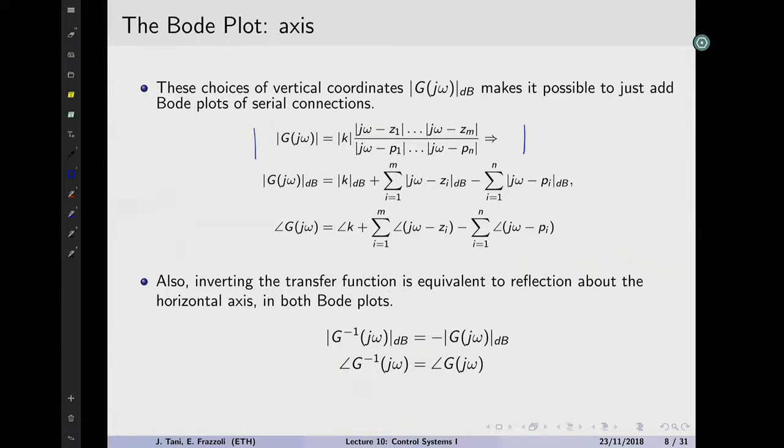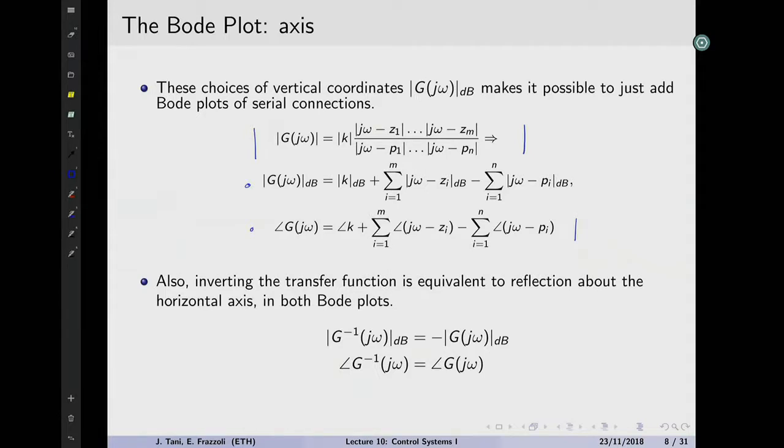And this is nice because we can do the same thing for the phase. If you take the phase of a complex number that is expressed like a product or a ratio of specific terms, we saw this many times already. We can express the phase as the sum of the phases of the factors at the numerator minus the sum of the phases of the factors at the denominator.